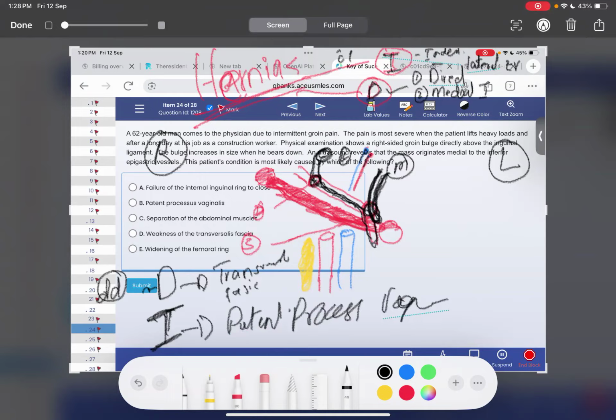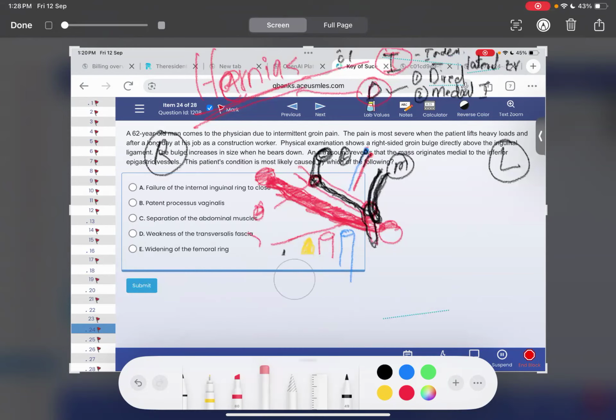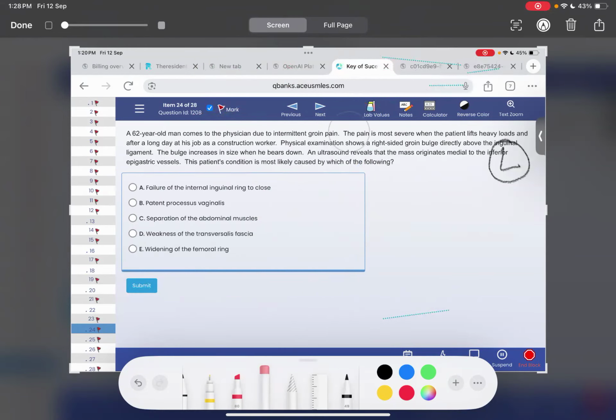Yes. Perfect. Now, I think you have cleared the concept of the hernia: what is direct, what is indirect. Can I go ahead? Yes. Okay, now come to the question. What is the question asking about? The ultrasound reveals a bulge medial to the inferior epigastric vessel.